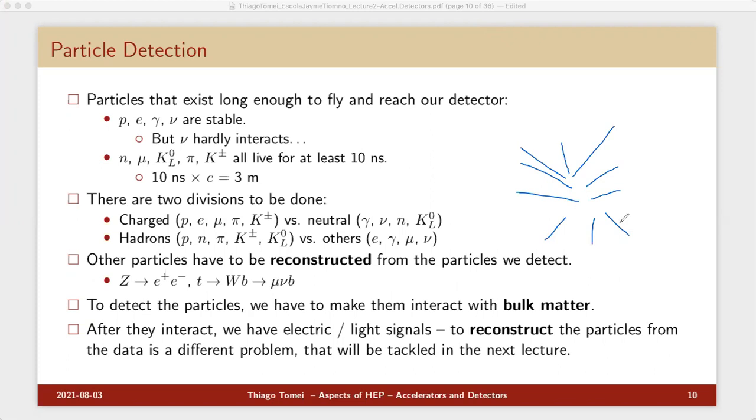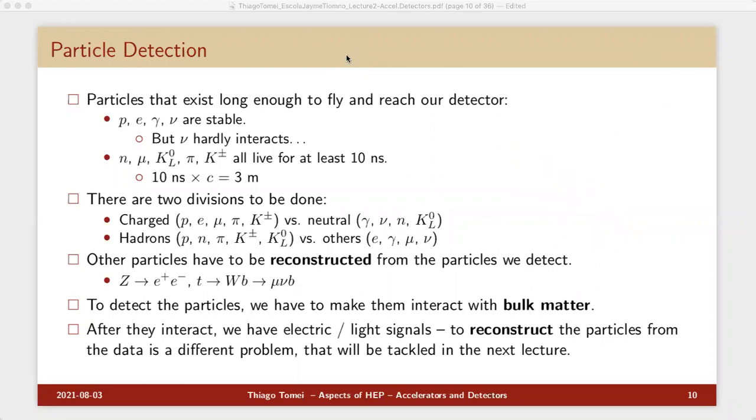And this is actually half of the problem, the second part of the talk about detectors, that we are more interested in. So first, you have to detect the particles. They have to exist for a reasonable amount of time, and this already eliminates most of the particles that exist.